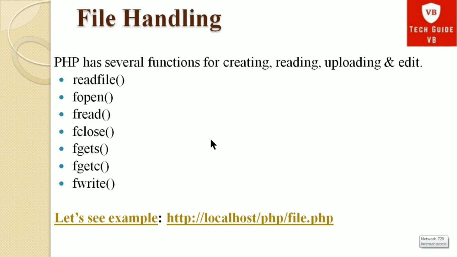The fwrite function is used to write to a file. The first parameter of the fwrite function contains the name of the file to write to, and the second parameter is the string to be written. These are some of the very important functions in file handling in PHP.